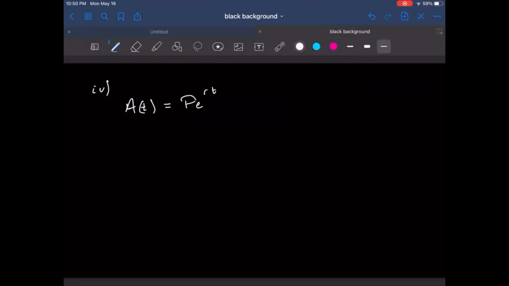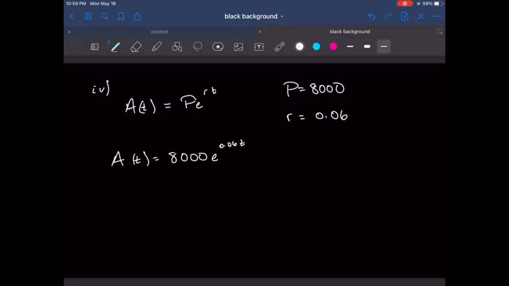So for this one, it would be A of T equals 8,000, lowercase e, and then the rate, 0.06.